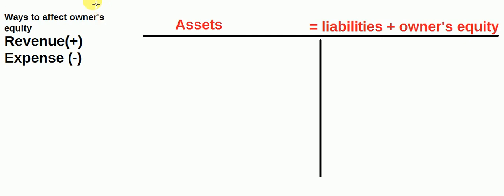Here you put cash minus 350. For owner's equity, you're going to put withdrawal minus 350. Okay? Very good. Now we have learned how the accounting equation is affected when the owner's equity is being altered.